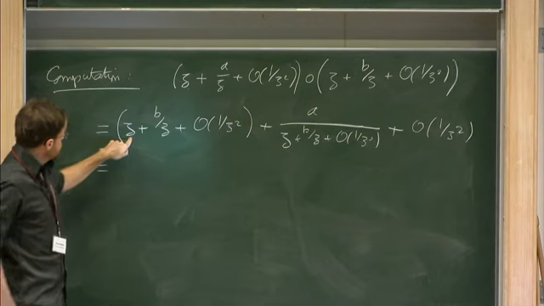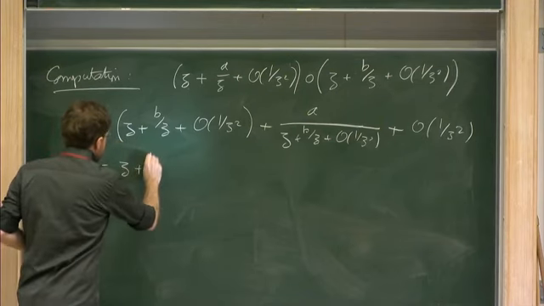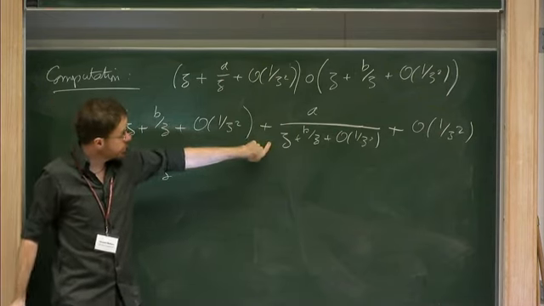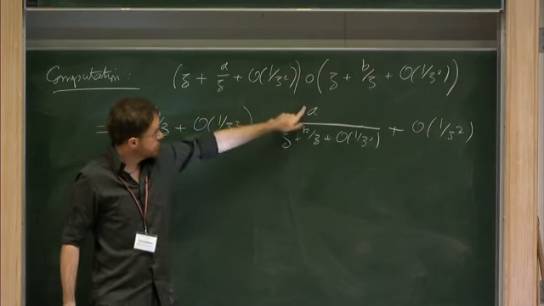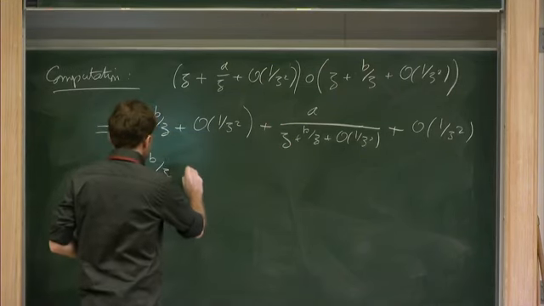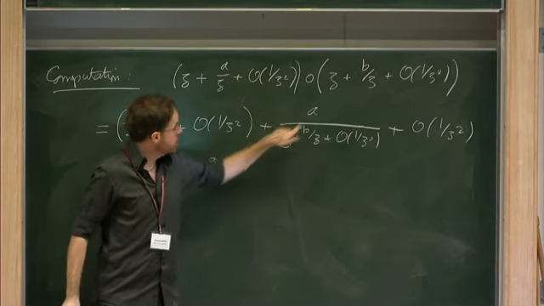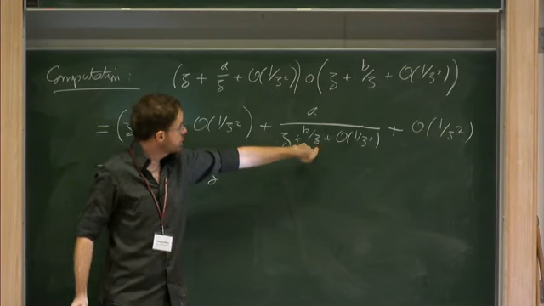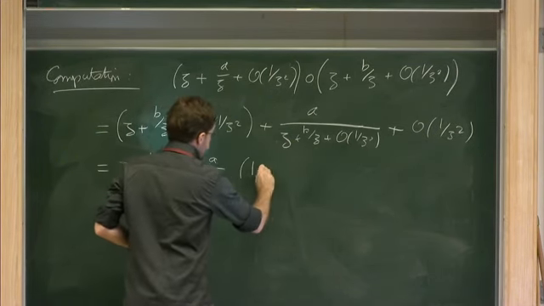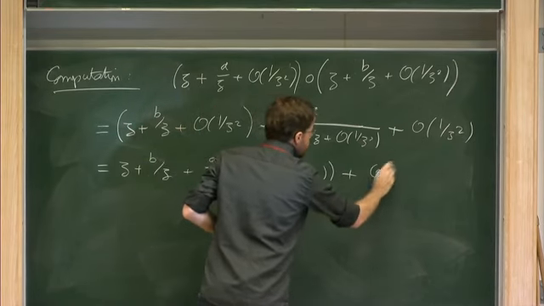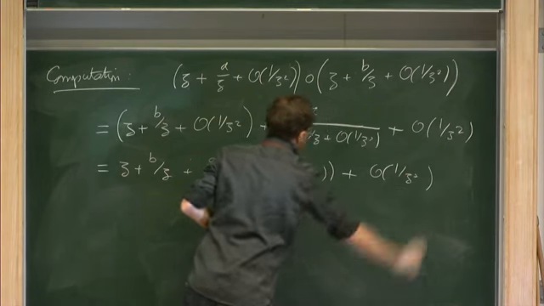So this gives you z plus b over z. If you look at the expansion of this, you can take a over z out of it, and you get 1 over 1 plus something of order 1 over z squared. So this again is 1 plus big O of 1 over z squared, and there is a big O of 1 over z squared.